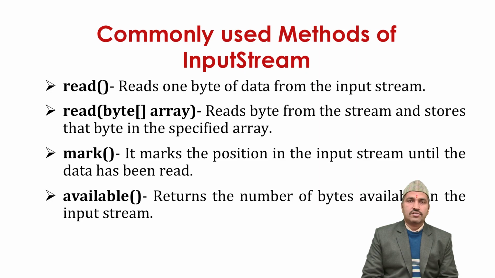This method reads 1 byte of data from the input stream. In that case the read method cannot accept any argument. In the next line, again we have used a read method with type arguments. Look at that. It reads bytes from the stream and stores them into the specified array.